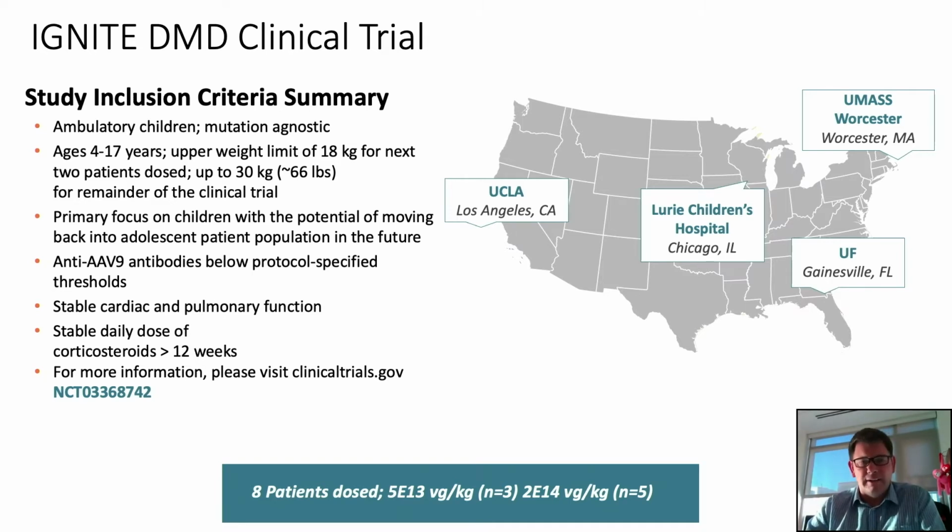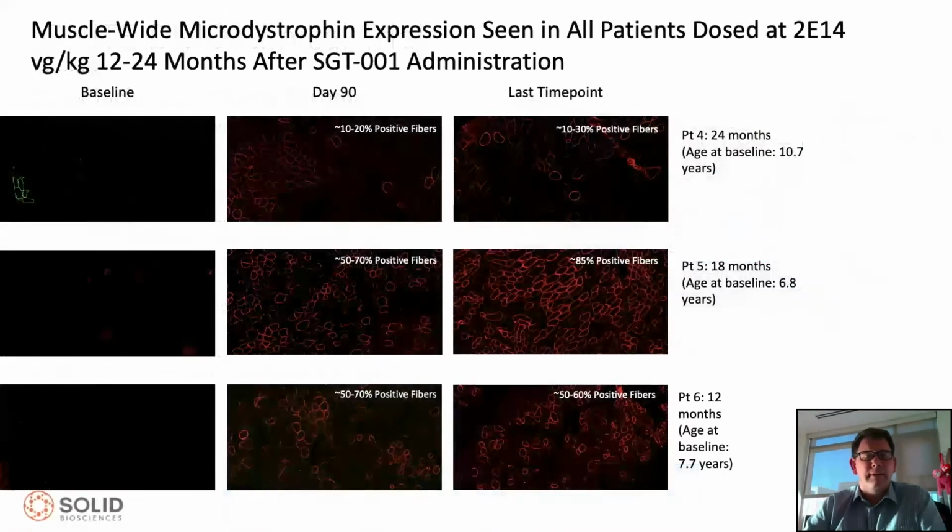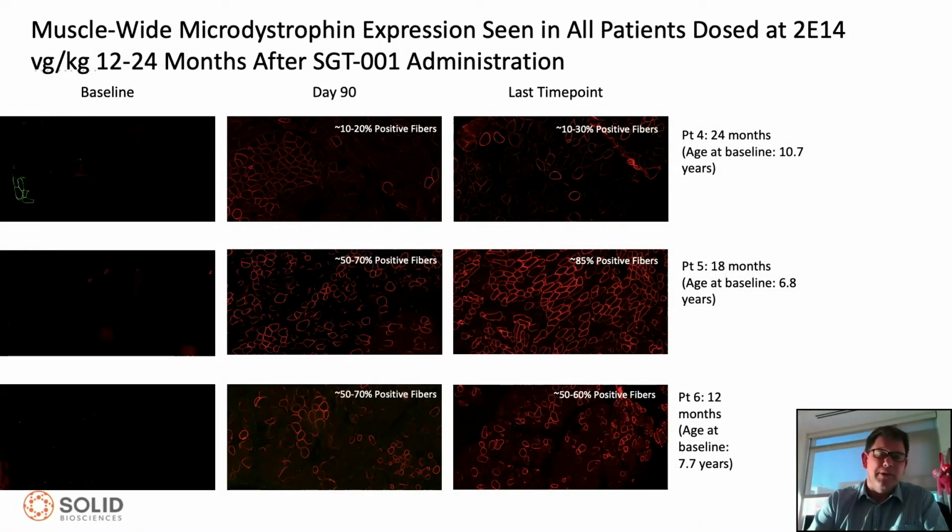Now to highlight some of our efficacy that we've described. Next slide. Here, just showing one example of what we've observed. We were able to recently take muscle biopsies in patients out to 24 months and then analyze them.